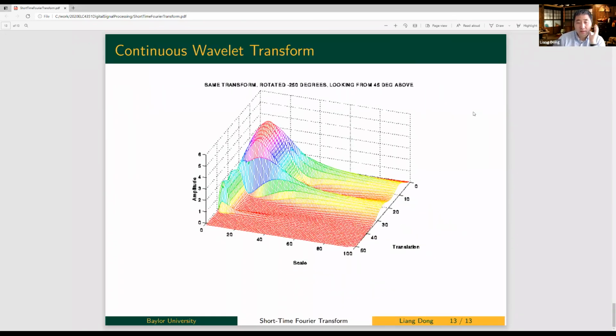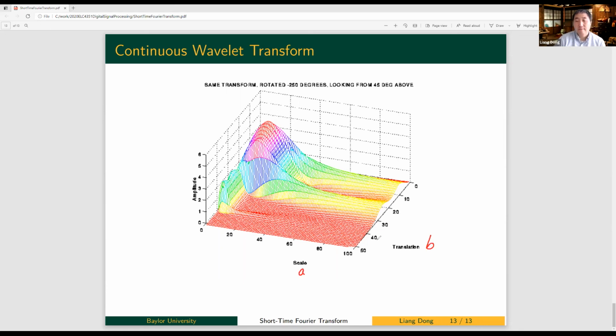So here is a wavelet transform output picture. Again, this is with respect to two variables. It's a 2D picture. I'm drawing this in 3D simply because I'm not using a color code. I'm drawing the amplitude and showing it in this 3D picture. So we have here a function of translation, that's b, and a function of scale a.